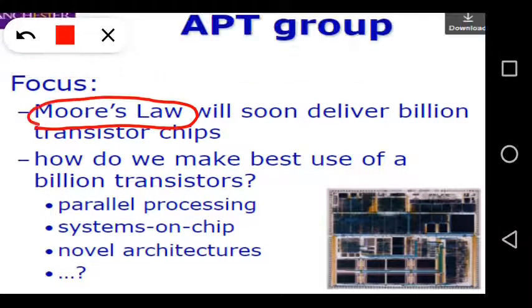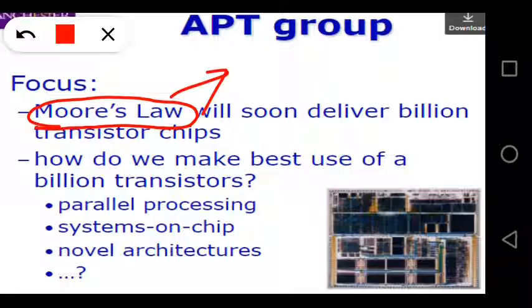So there is a law called Moore's law that will deliver billions, not thousands, billions of transistors. So it's really important to know what is meant by Moore's law.